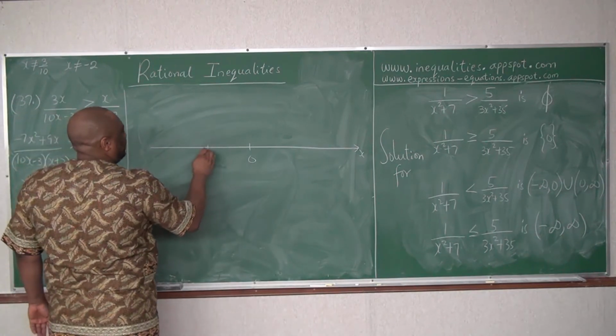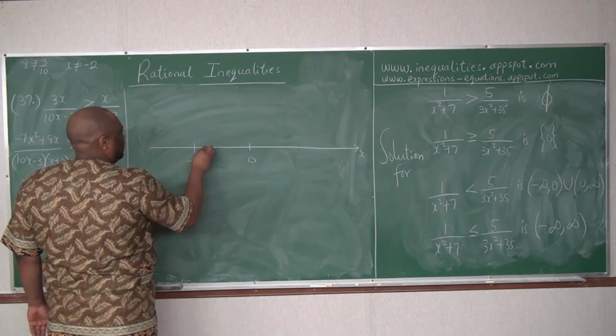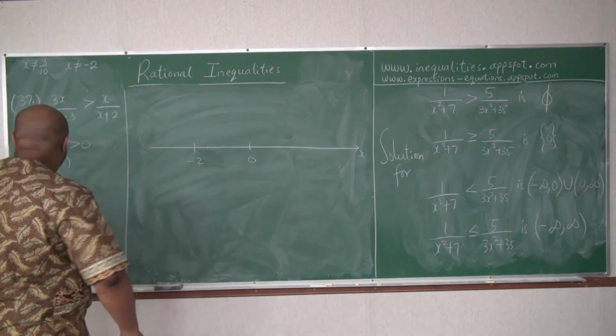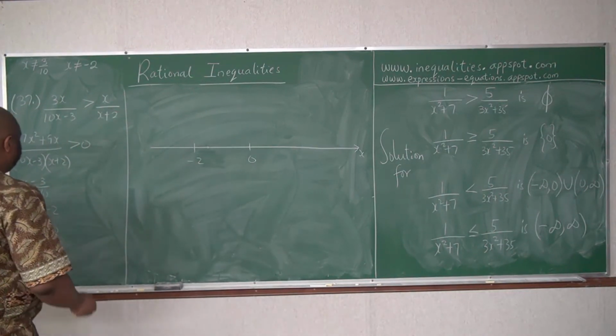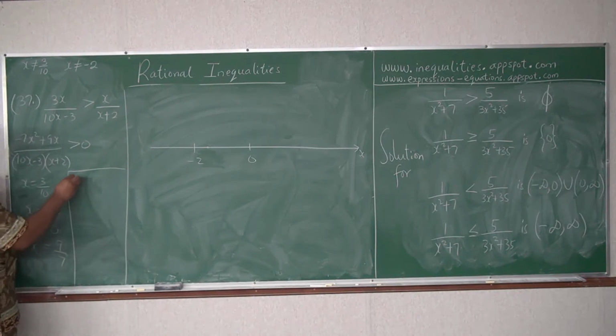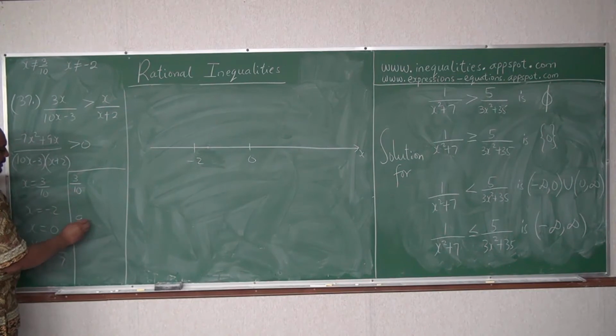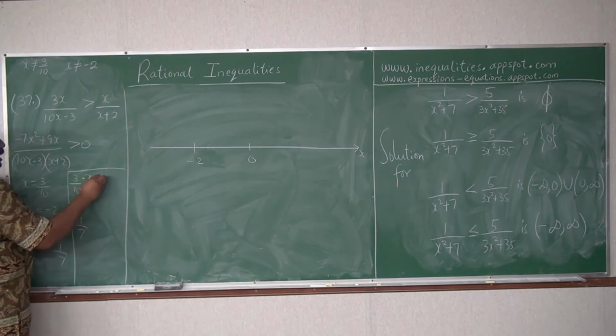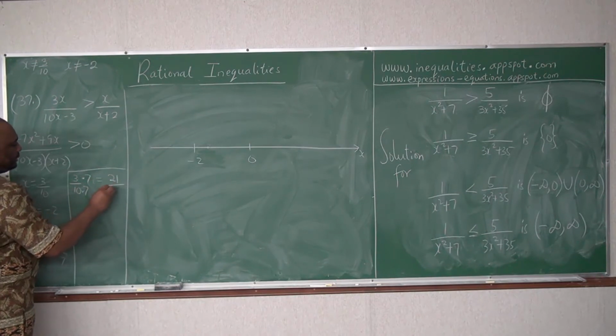Let's spread it out. So 3 over 10 and 9 over 7. Who is 3 over 10, 9 over 7? This is times 7 times 7, and that is 21 over 70.